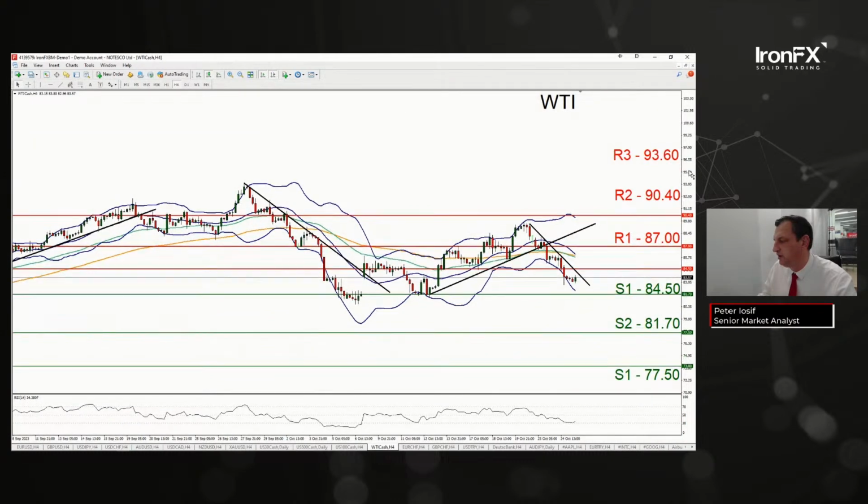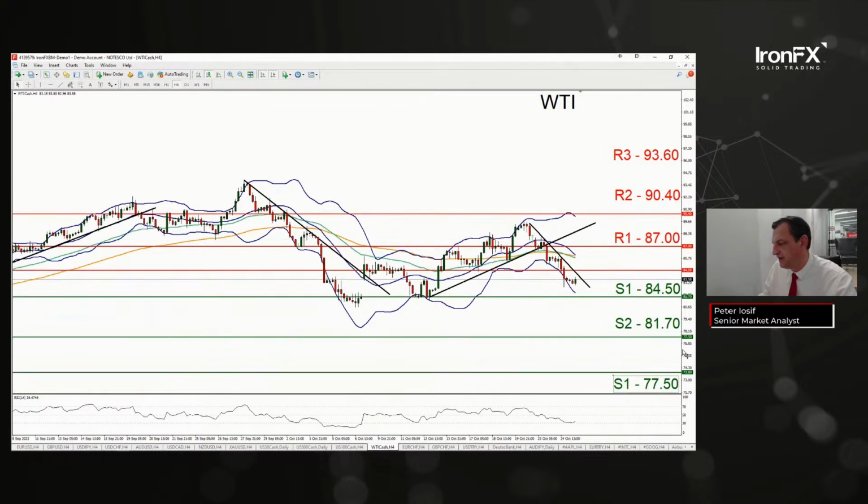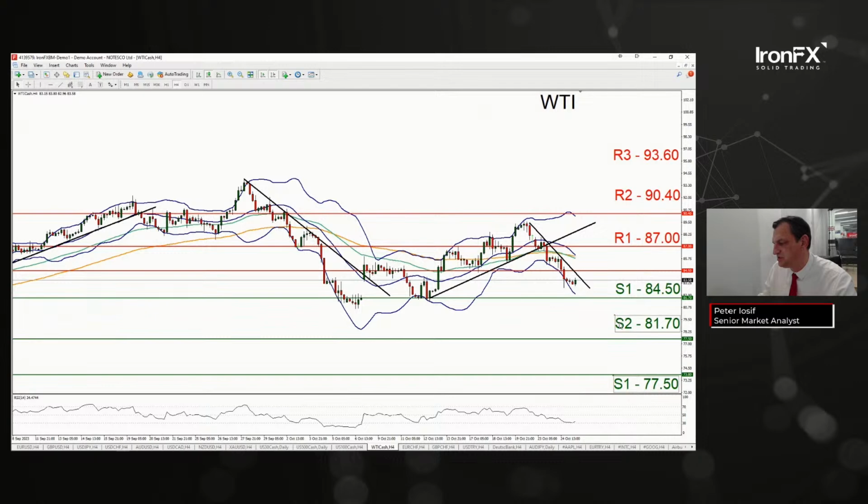Now, on a fundamental level, I would be noting a number of elements here. The first element is definitely the fact that it seems that the easing of US sanctions on Venezuela and its oil has started to take its toll on oil's price.